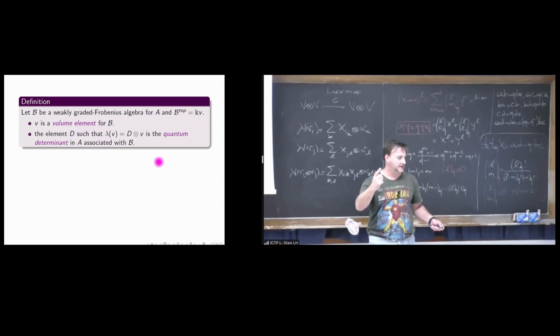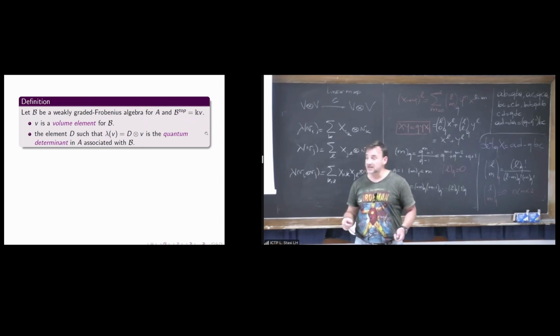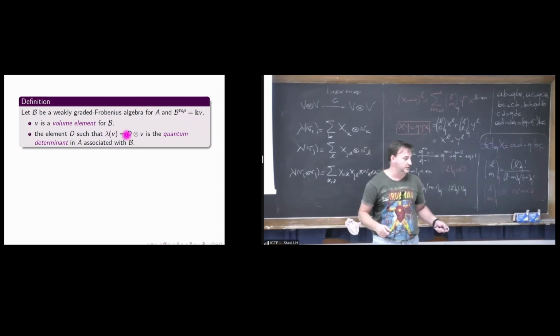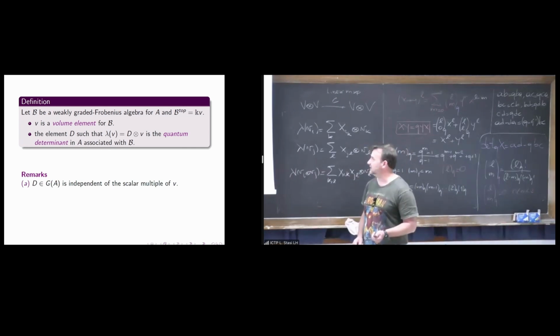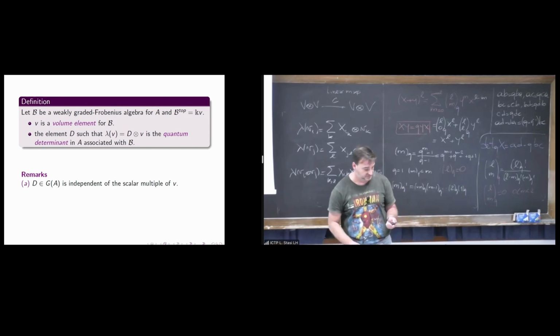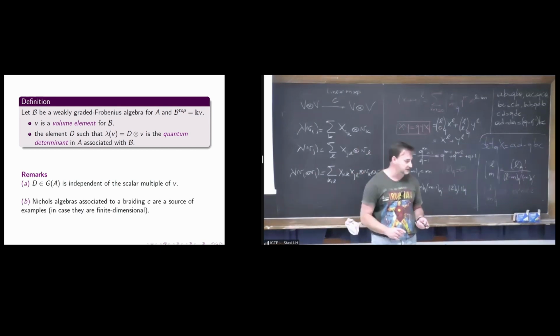This is the volume element, a volume element, because any multiple of this one is also a volume element. And the quantum determinant is the element appearing in the co-multiplication. And it turns out that the quantum determinant does not depend on the multiple of the V. You can take any volume element. It gives you the same quantum determinant.